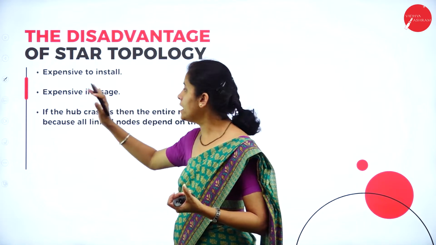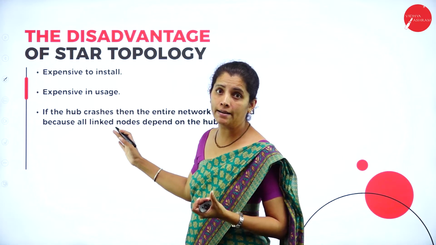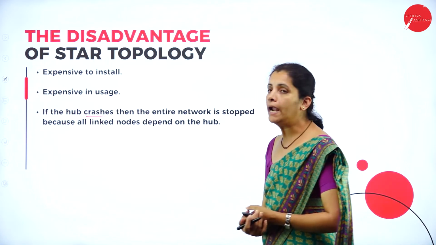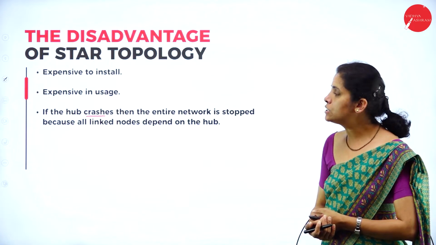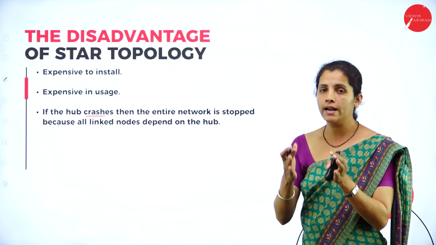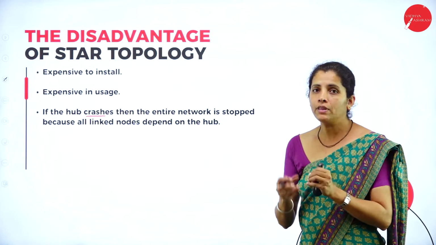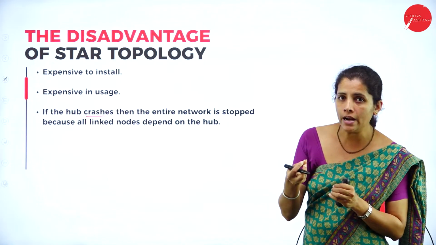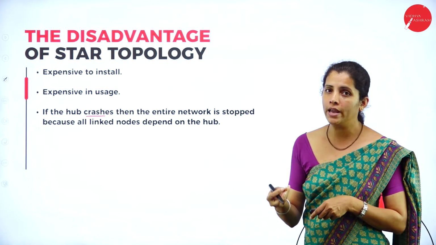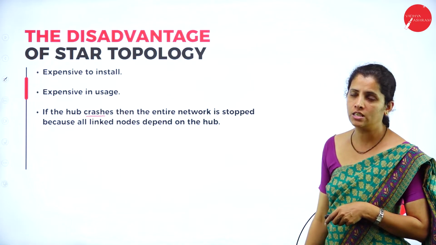Along with that, if the central hub fails or crashes, then the entire network stops, because here the hub is the central point, or heart, of the network. If the heart fails, then the entire network is going to fail. So these are the disadvantages of star topology.